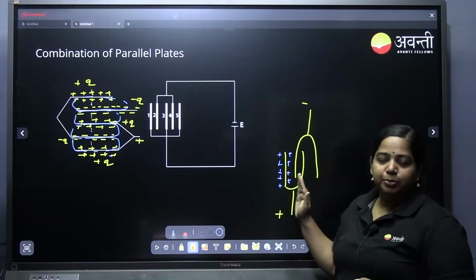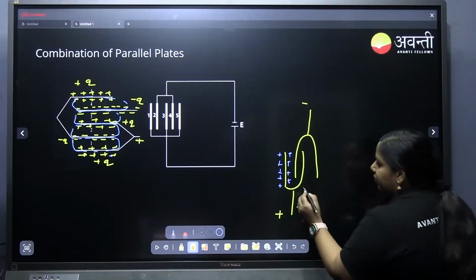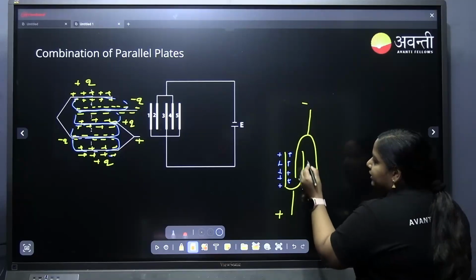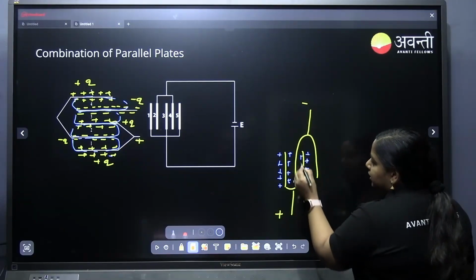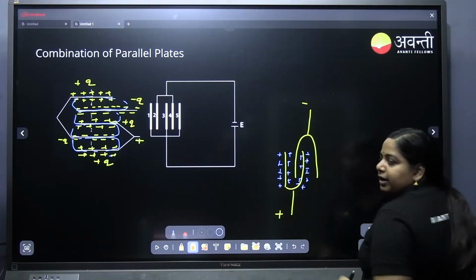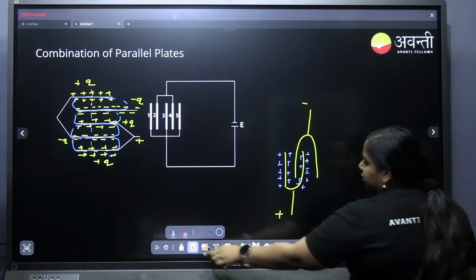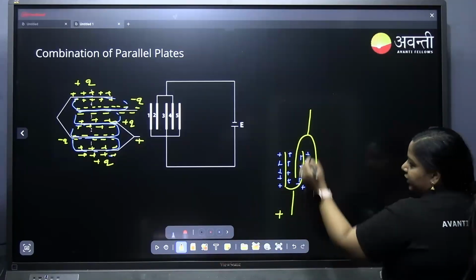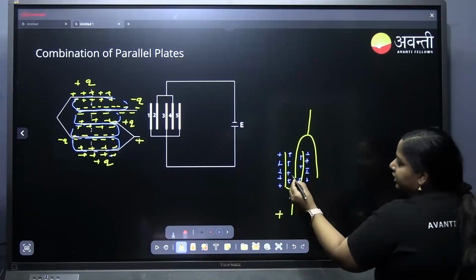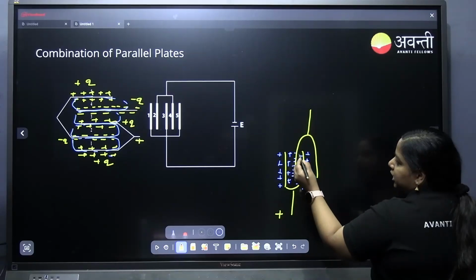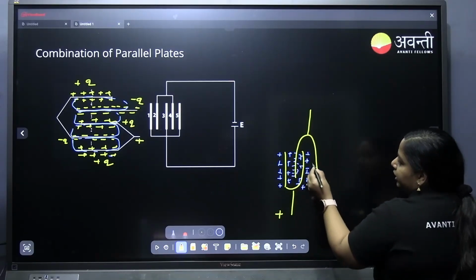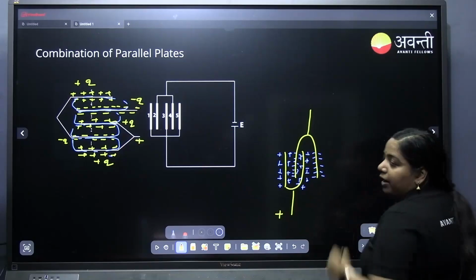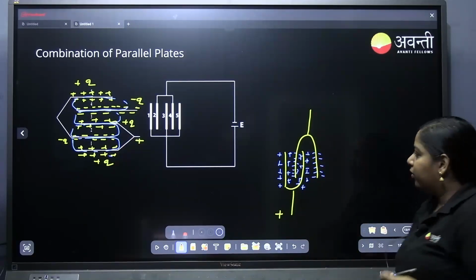Charge will be distributed over both sides. In the same way, this side also plus charge will be distributed on both sides. Now, if there is no negative charge provided here, because of the attraction, the same amount of negative charge will be distributed on the other one.